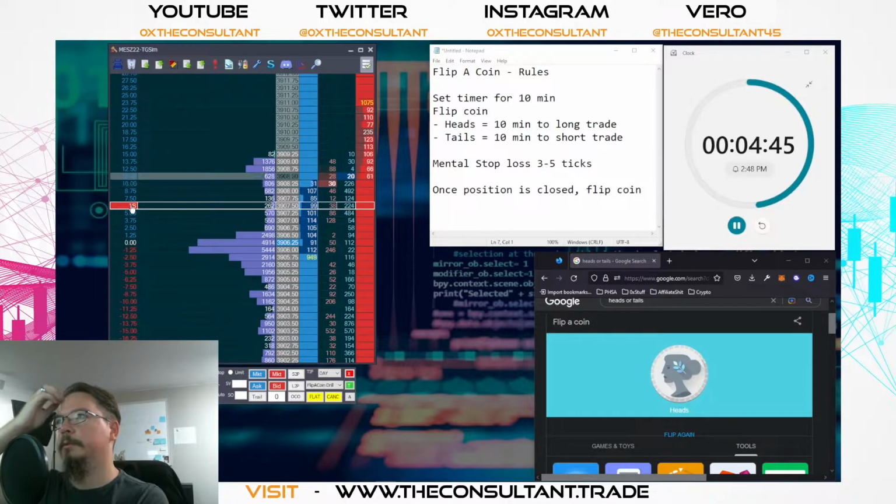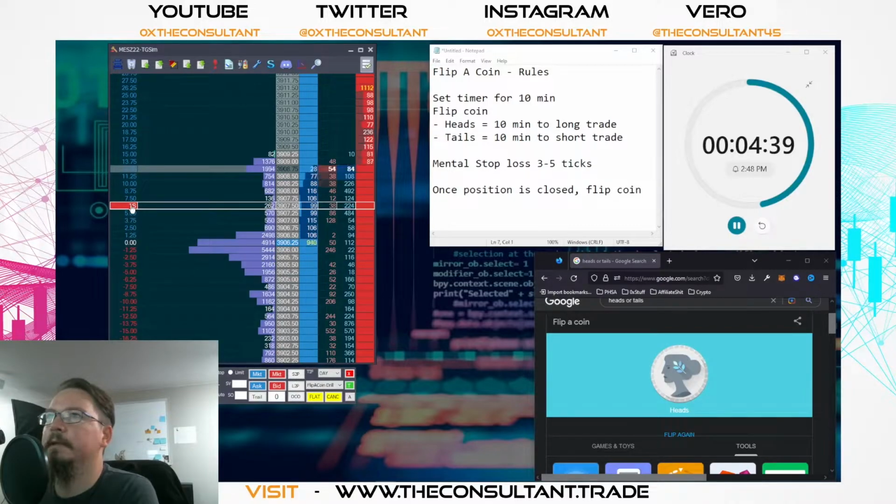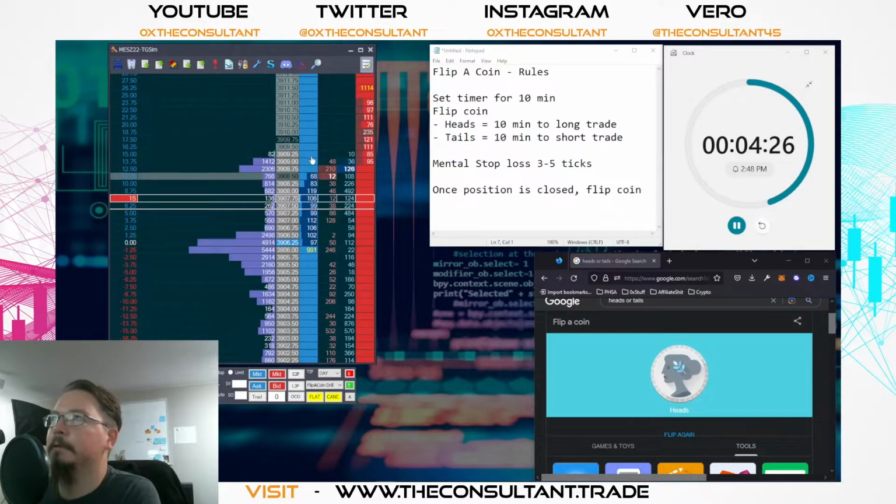Trying to give it a little bit of room to breathe, about five ticks. ES is gonna tick up 3 or 4, then drop, and then come right back down.